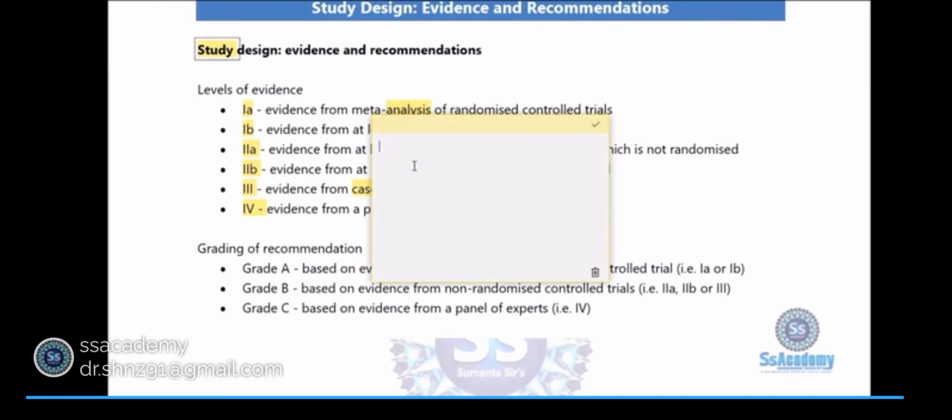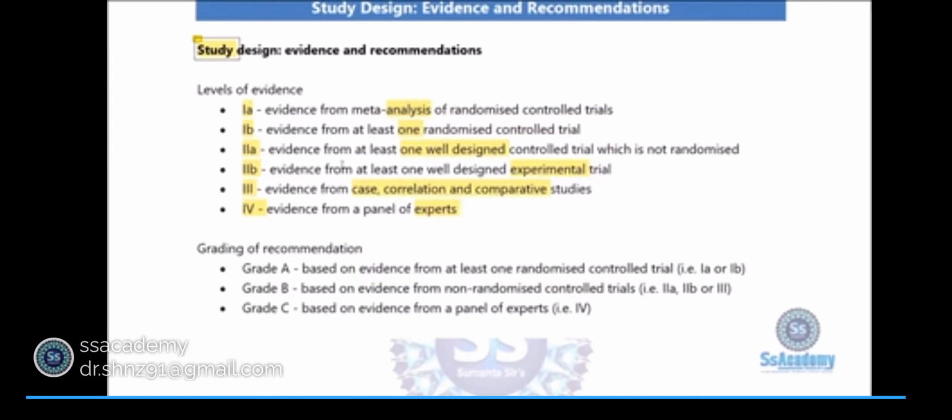You need to learn that 1A equals meta-analysis. And 1B, once again, equals at least one randomized control trial.